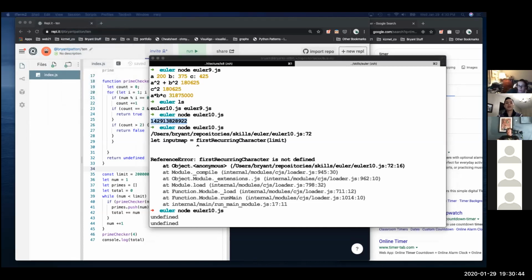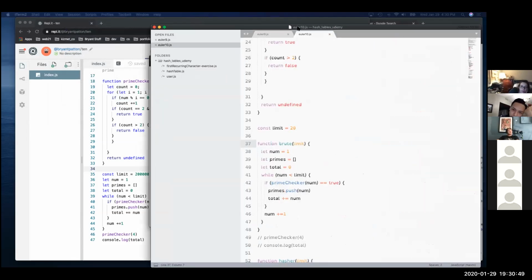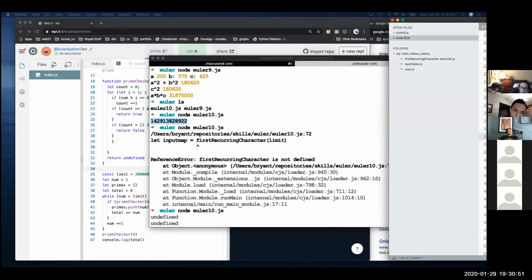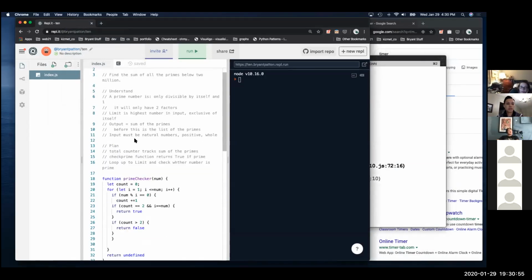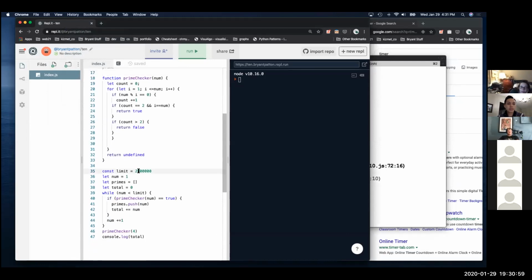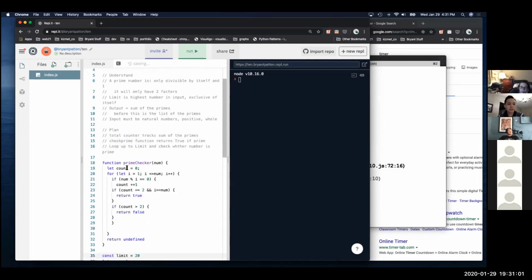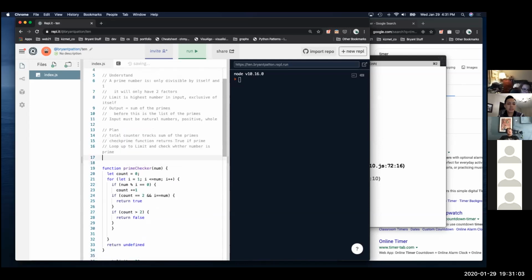Let's try it in the Replit, Bryant. Can you put on line 17? We'll just do it for the prime checker function. So on line 17, just put a console.time, and then you pass in a string, and you can just name it like the name of the function.